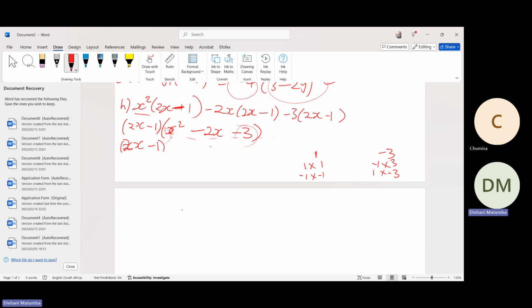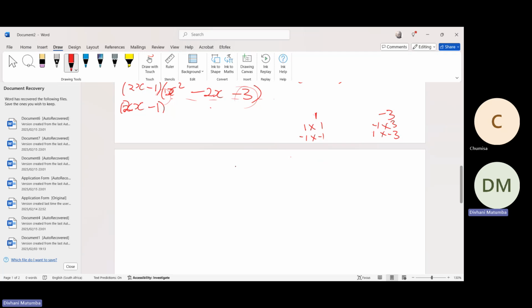Yes, sir. Okay, let's do our combinations. The first combination is going to be minus 1 times 1 plus 3 times 1, which is going to give us minus 1 plus 3, a plus 2.